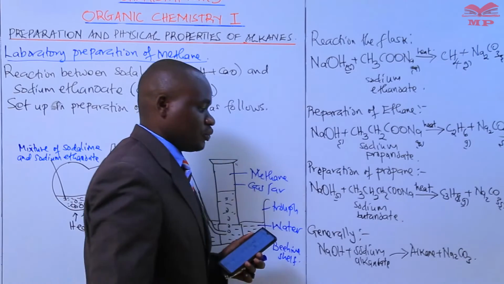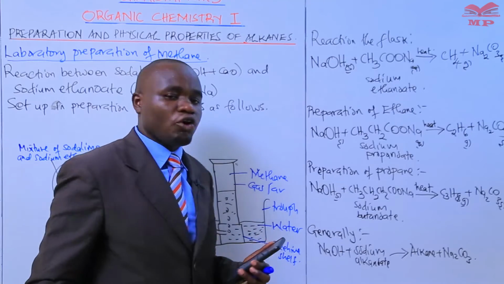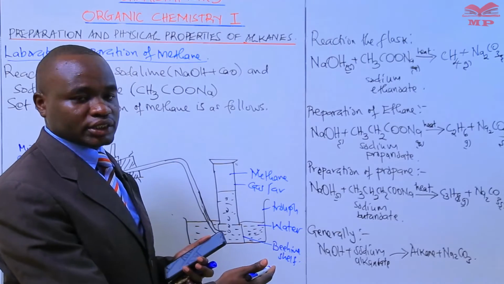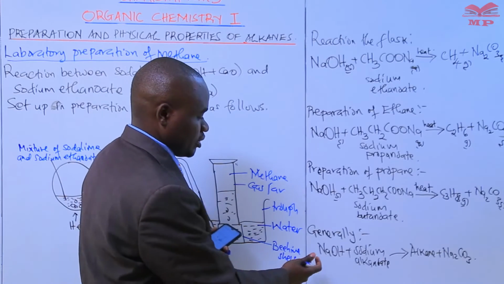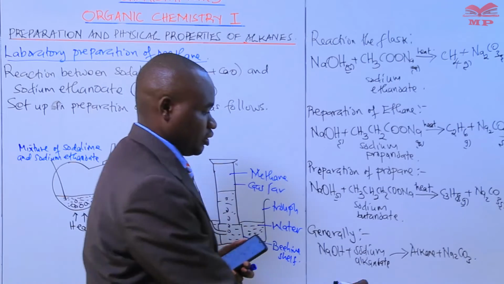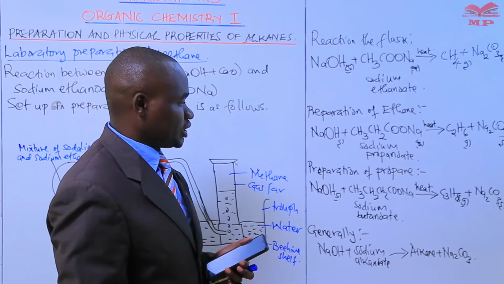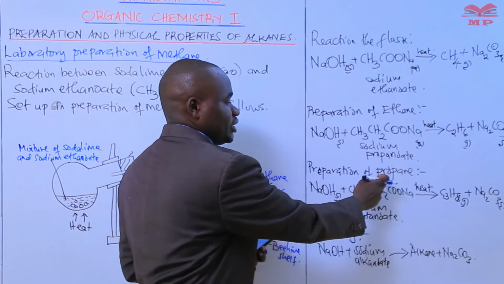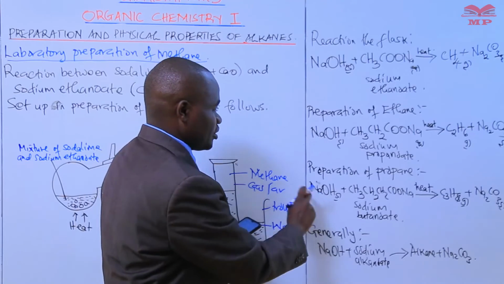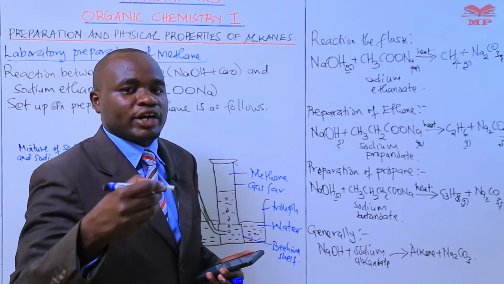So that's why we said homologous series have a general method of preparation. So as far as alkanes are concerned, if you want to prepare an alkane, you react sodium hydroxide with an organic salt that contains sodium, you'll get an alkane plus sodium carbonate. So for that matter, if you want to prepare the next member, called butane, you simply react sodium hydroxide and that alkanoate that has 5 carbon atoms now.